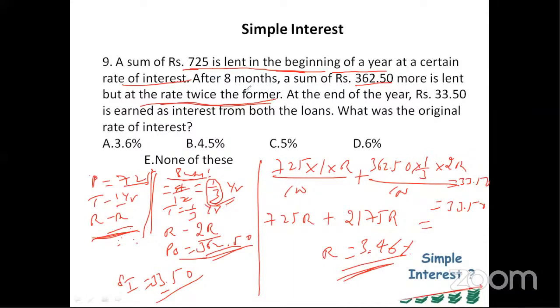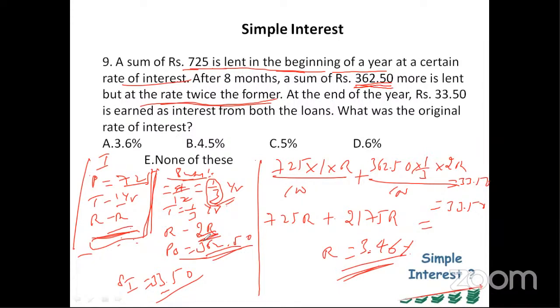But what happened here? After 8 months, a sum of rupees 362.25 more is lent. So this is more extra amount. Apart from this, which was dedicated for 1 year completely, after 8 months they gave 362 rupees extra. At what rate of interest? Twice the rate of interest. This is extra money.